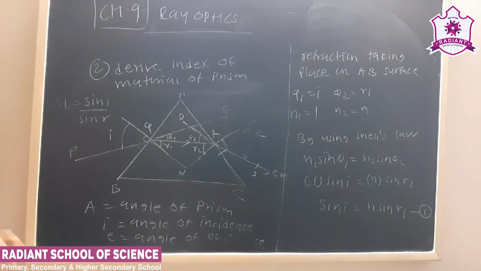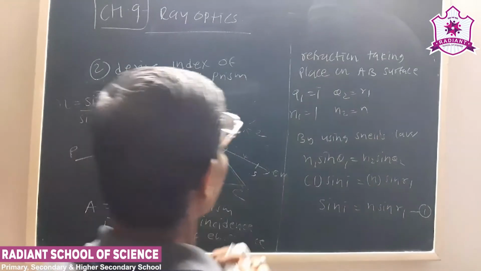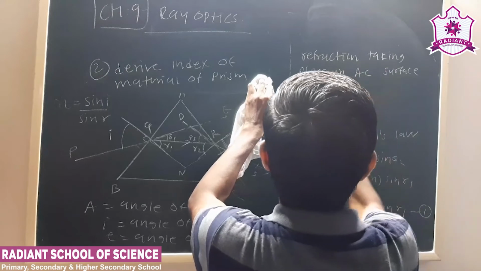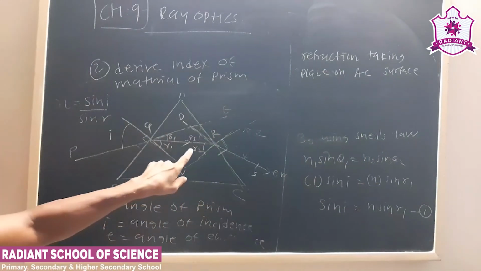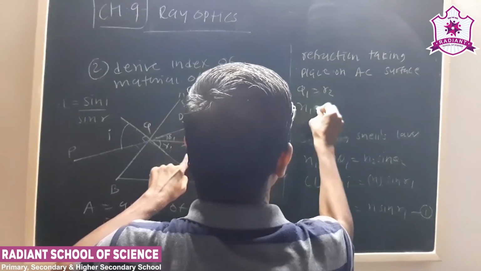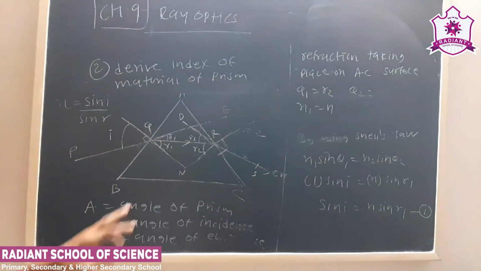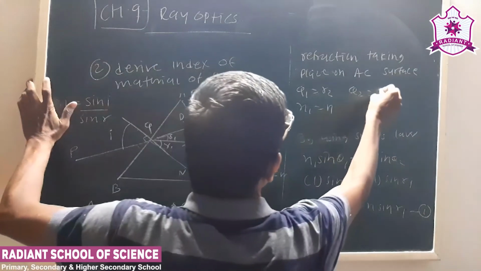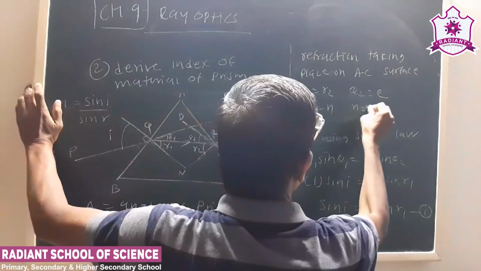Next, consider the refraction taking place on the AC surface. For the AC surface, theta 1 will be equal to r2, n1 will be equal to n, and theta 2 is the angle of refraction, that is e, the angle of emergence, as the ray travels from a denser to a rarer medium, and n2 is equal to 1.